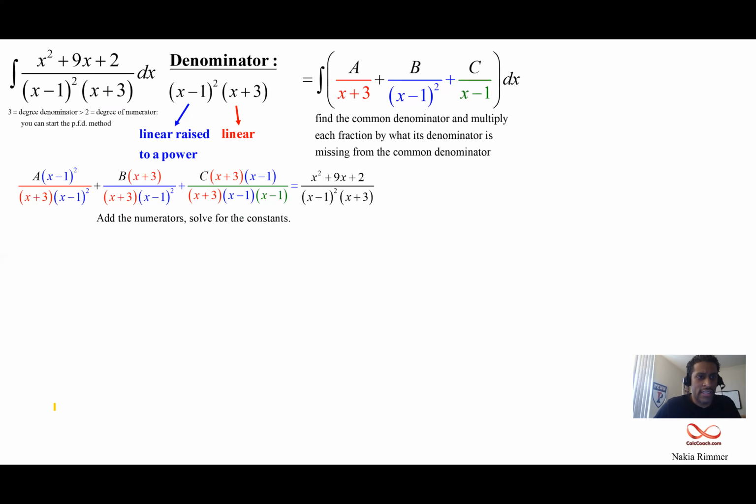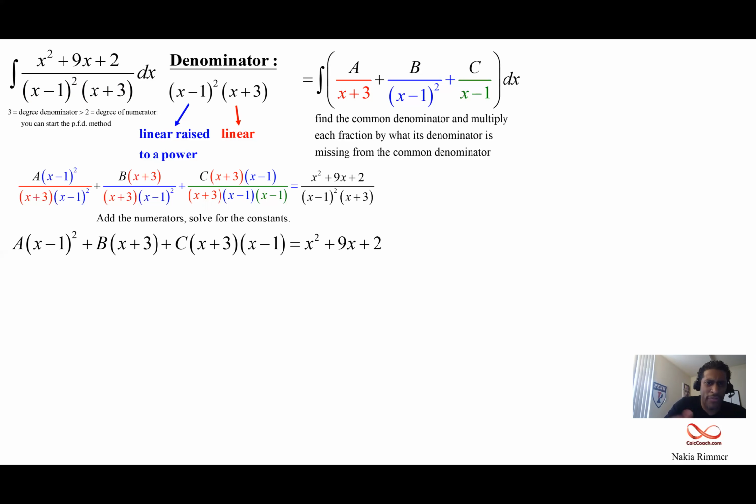We have the A times the x minus 1 squared, the B times the x plus 3, the C times both the x plus 3 and the x minus 1, and then it's going to be equal to the right-hand side's numerator. This is our equation. It governs the finding of the constants A, B, and C.